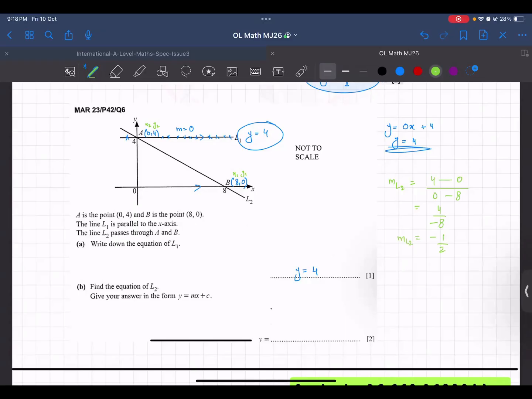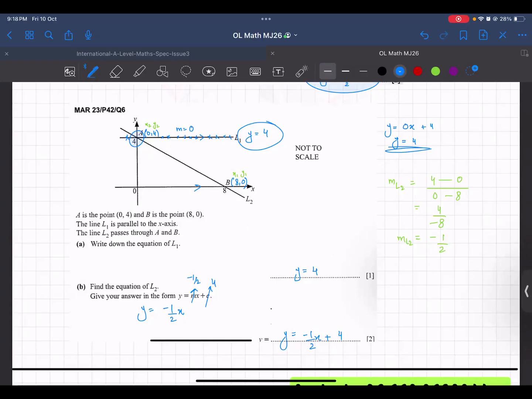So y equals mx plus c, where m is negative 1 upon 2. And you can see that the y-intercept for the other line is also 4. So your c value is 4. So your equation becomes y equals negative 1 upon 2 x plus 4. This is it. Simple.